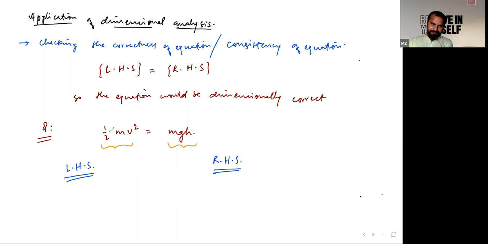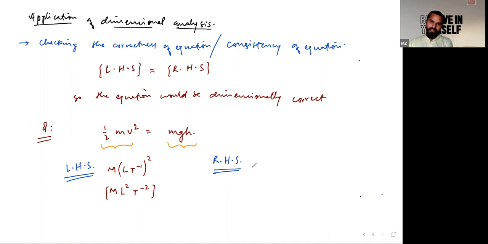Okay, just see, we have half, which is a dimensionless constant part, so we can neglect it. Next is mass, so we can write capital M. Next is velocity, which has dimension LT minus 1 and square of it. So it will become M L square T minus 2. So this will be your dimension for left hand side.